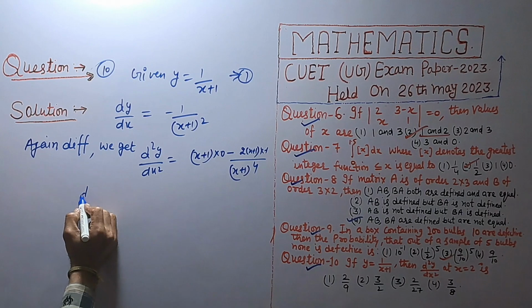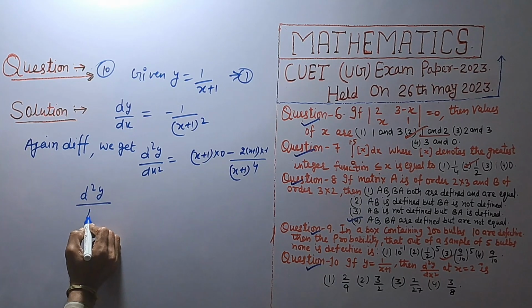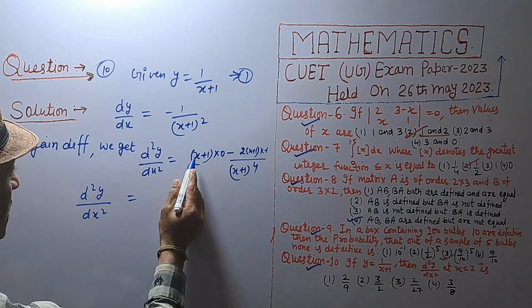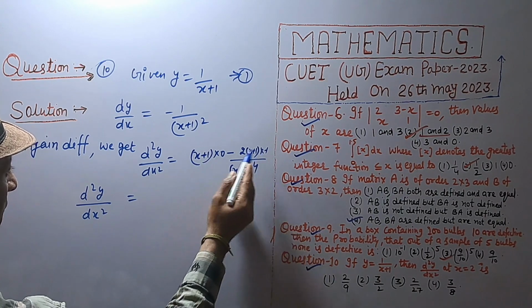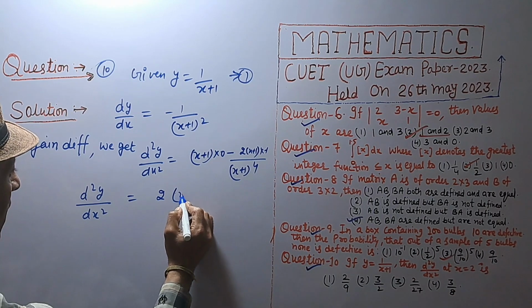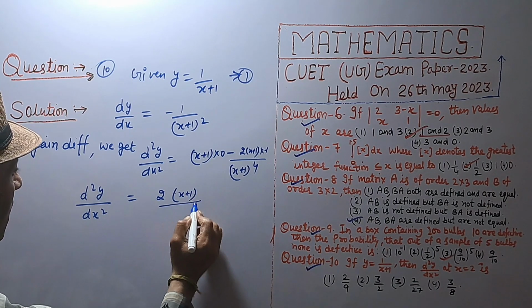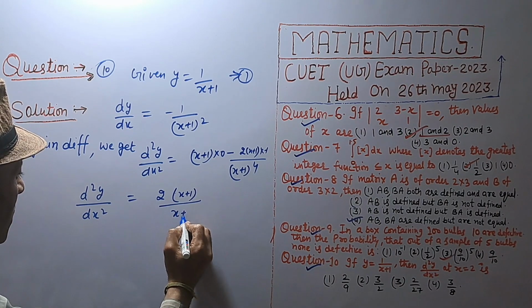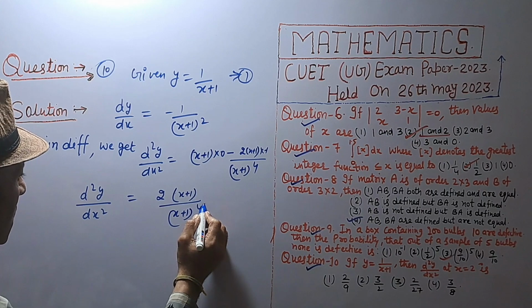So double derivative d square y upon dx square is equal to, this is 0 and minus minus, that is plus 2 into x plus 1 divided by x plus 1 raised to power 4.